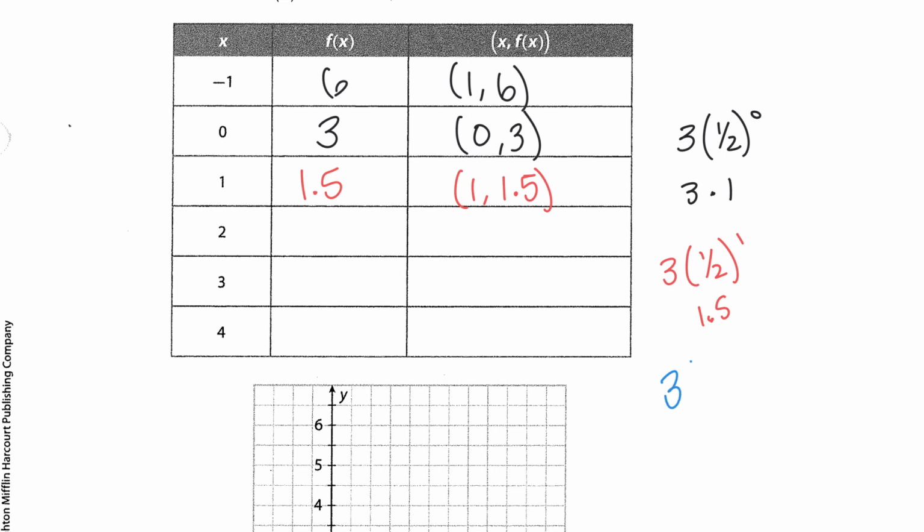Now 2. 1/2 to the second power turns out to be 1/4. 3 times 1/4 would be 3/4, or as a decimal, you could write it as 0.75.